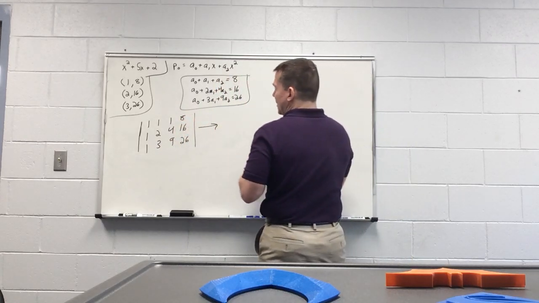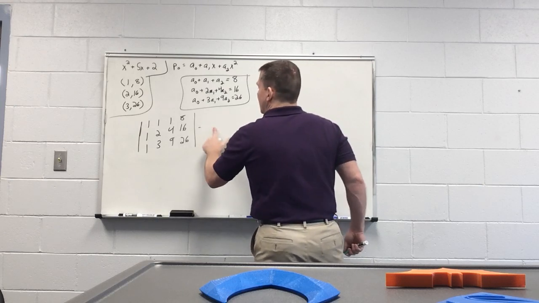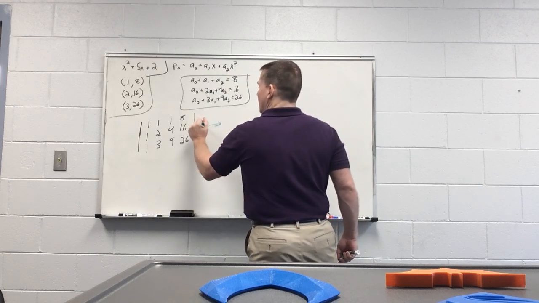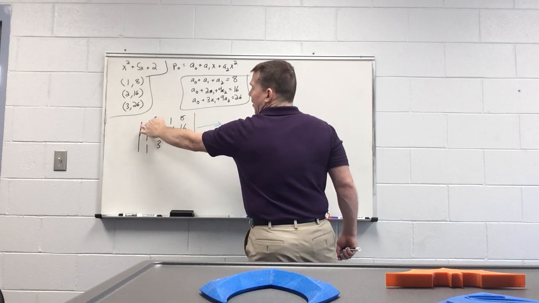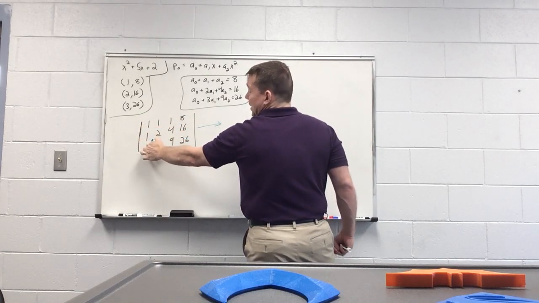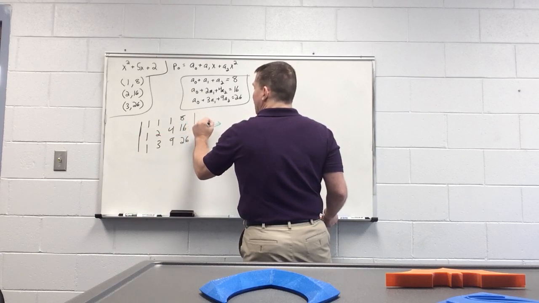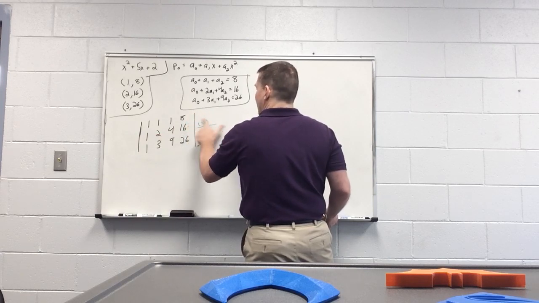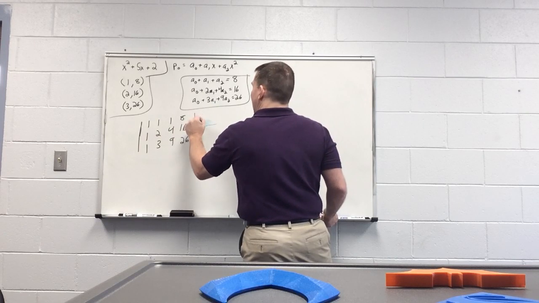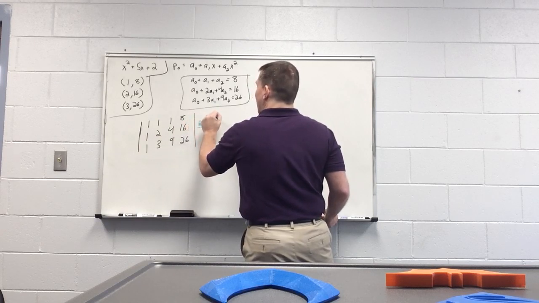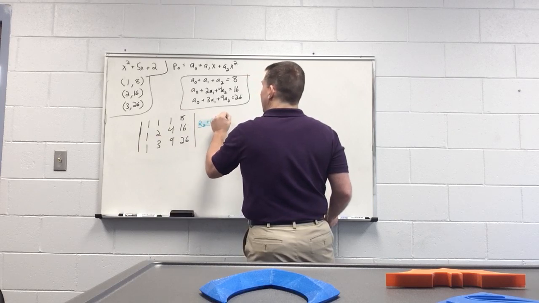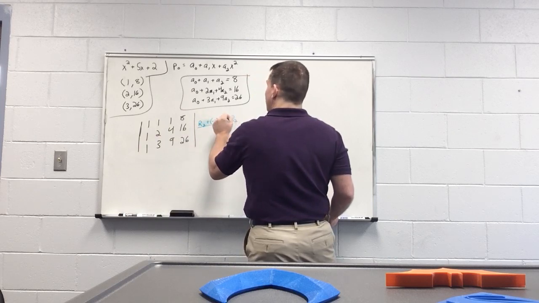And let's see, first I will do, here I already have a 1, so I'm going to have to get rid of this one and this one. So to get rid of this one, I will do r sub 2 plus negative 1 times r sub 1, and that will go into r sub 2.